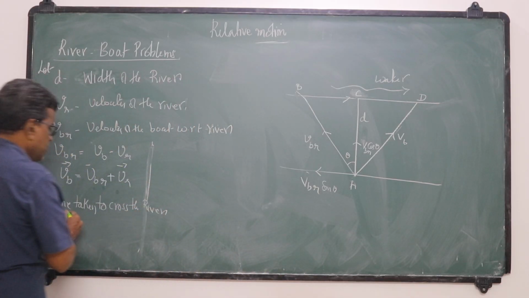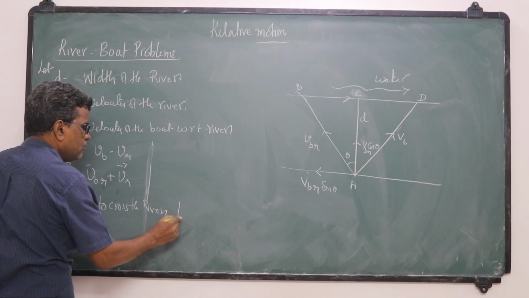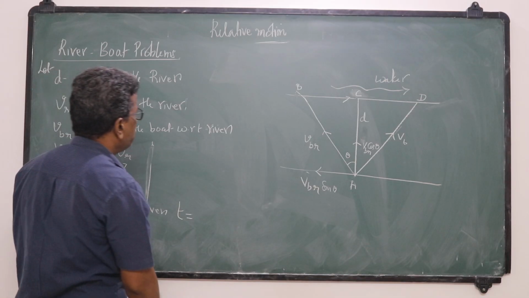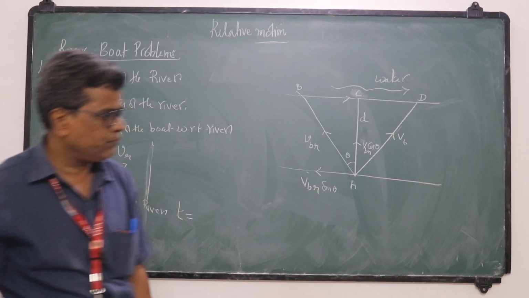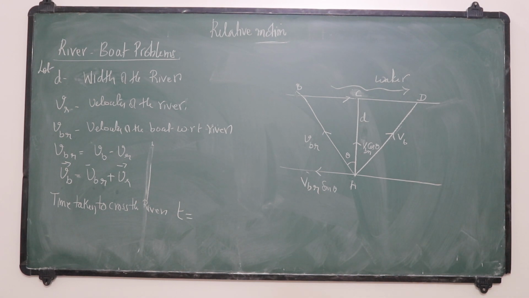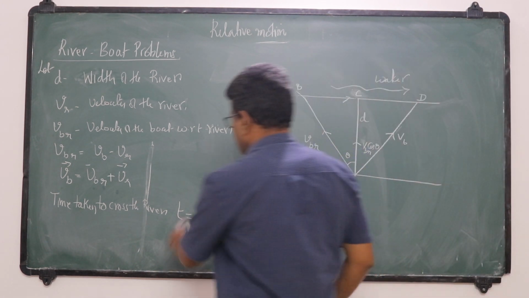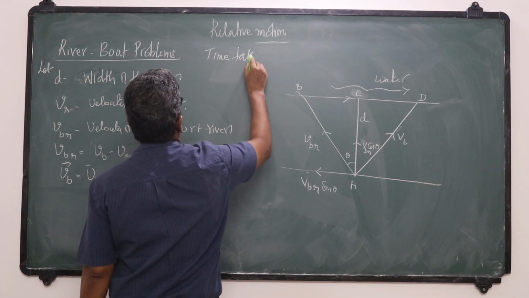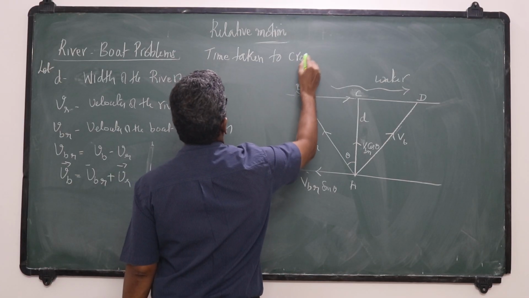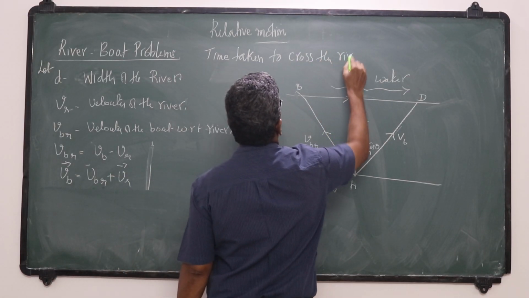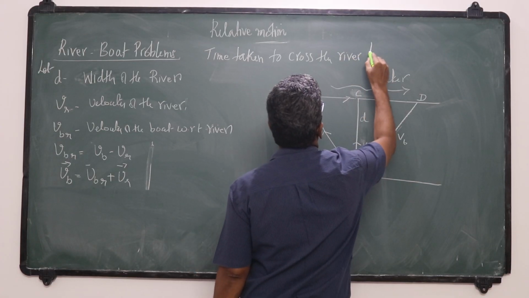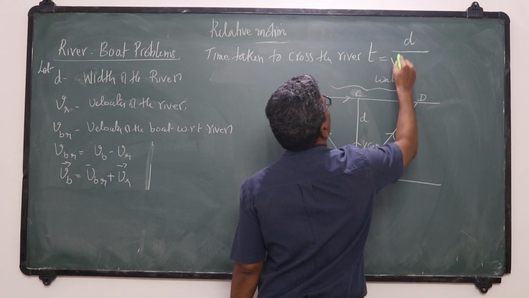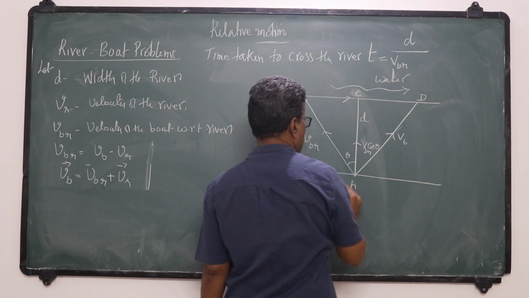So we have the formula for the time taken to cross the river: t is equal to d by VBR cos theta.